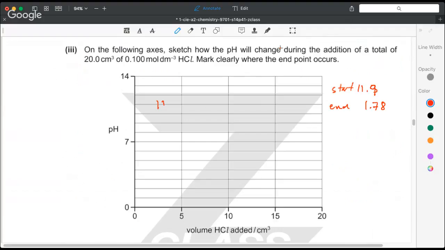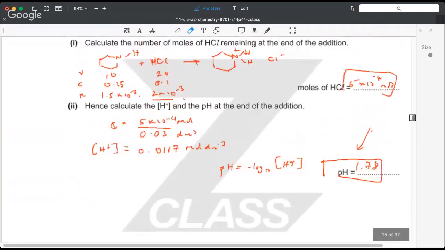And then you need to know that on your pH graphs, you've got a vertical section of the graph, which is called the equivalence point, when you've exactly neutralized all the base with just enough acid. Now, in the example that they gave us up here, we kind of added excess acid, didn't we?